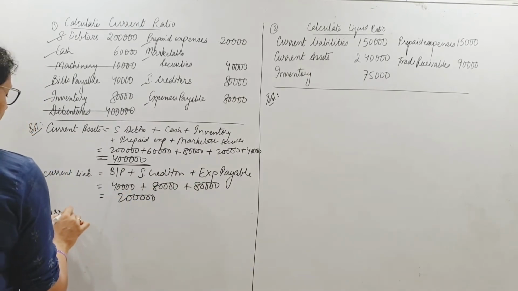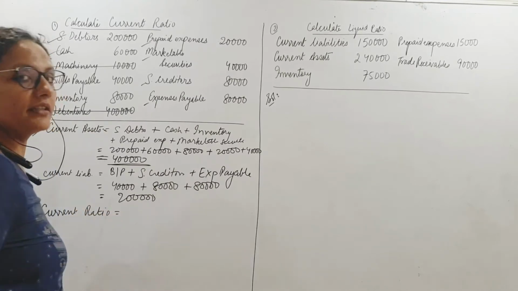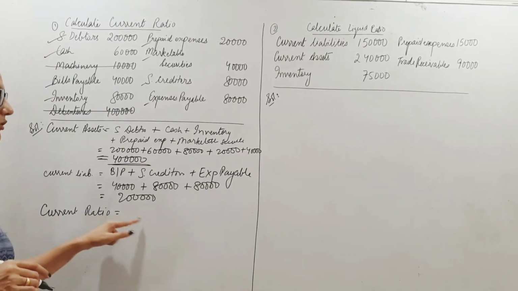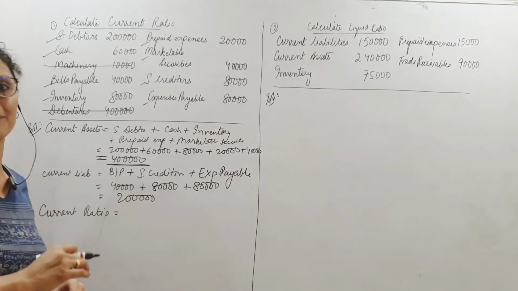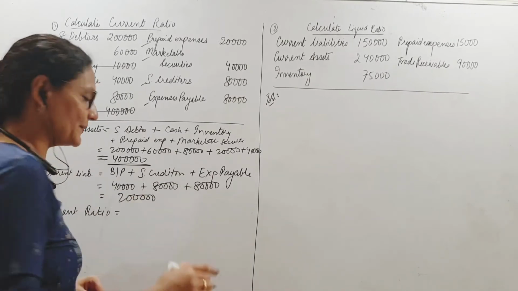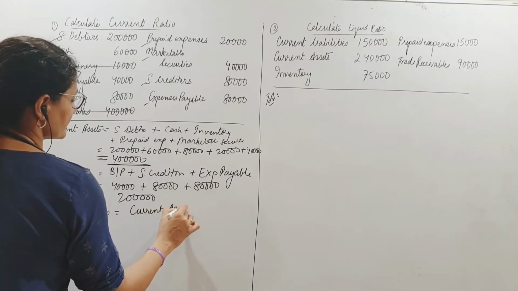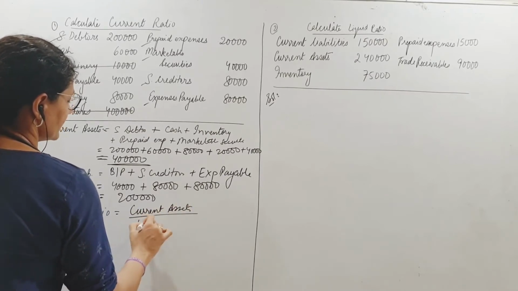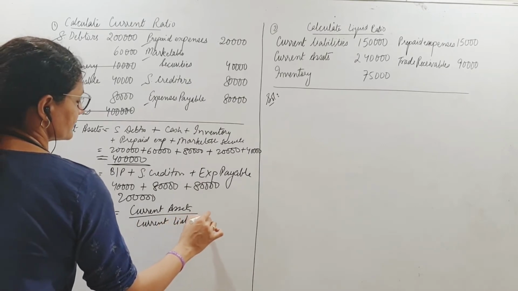Now, then current ratio. I write the formula. Children, it is very important that you write the formula whenever you are solving the sum, because marks are kept for writing the formula correctly. Correctly, I said, okay? So, it is current assets by current liabilities.